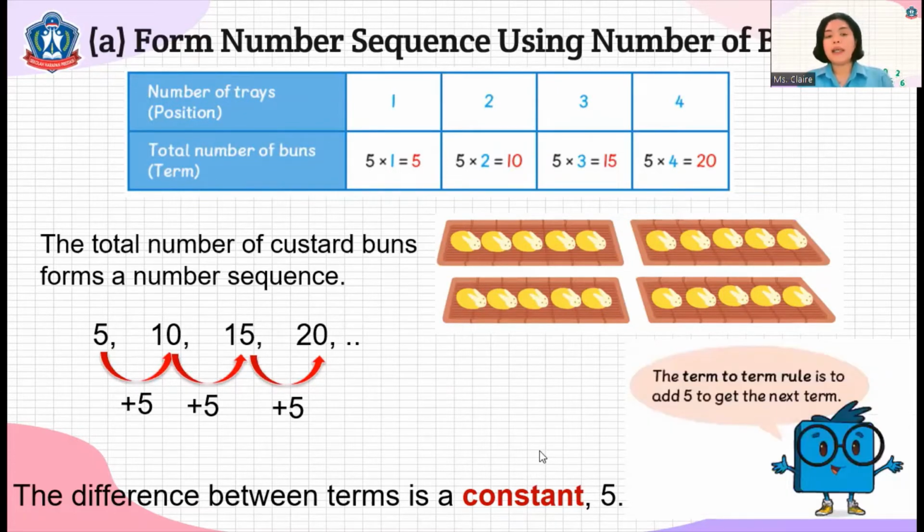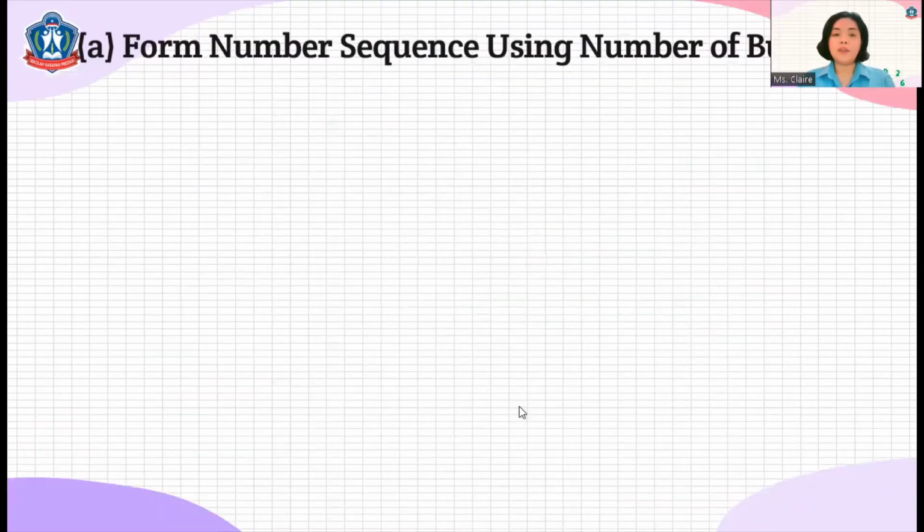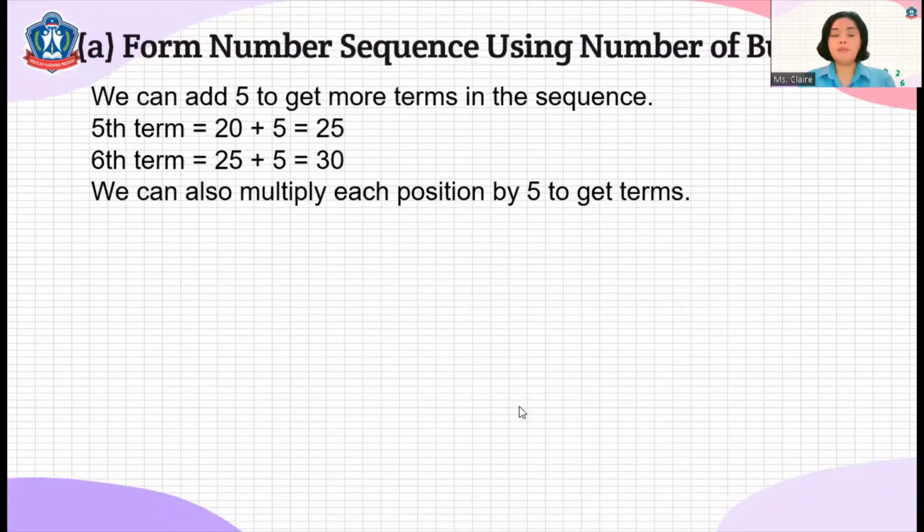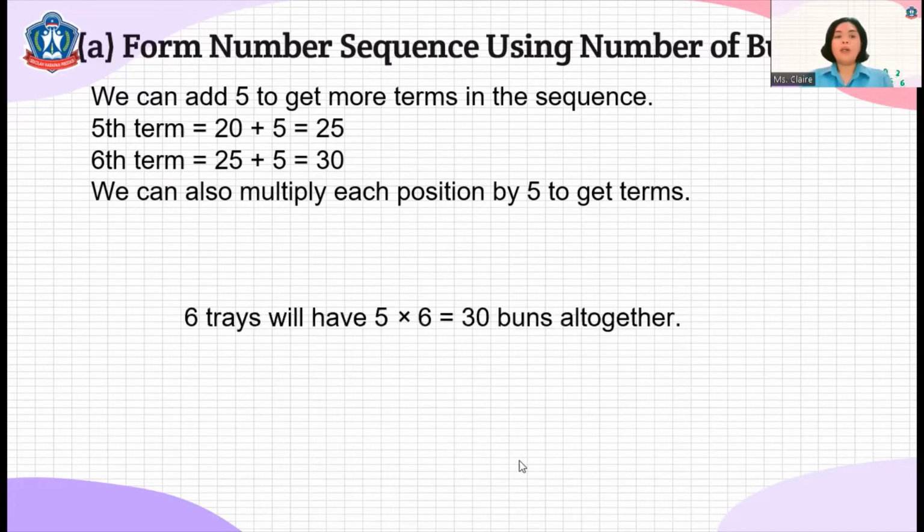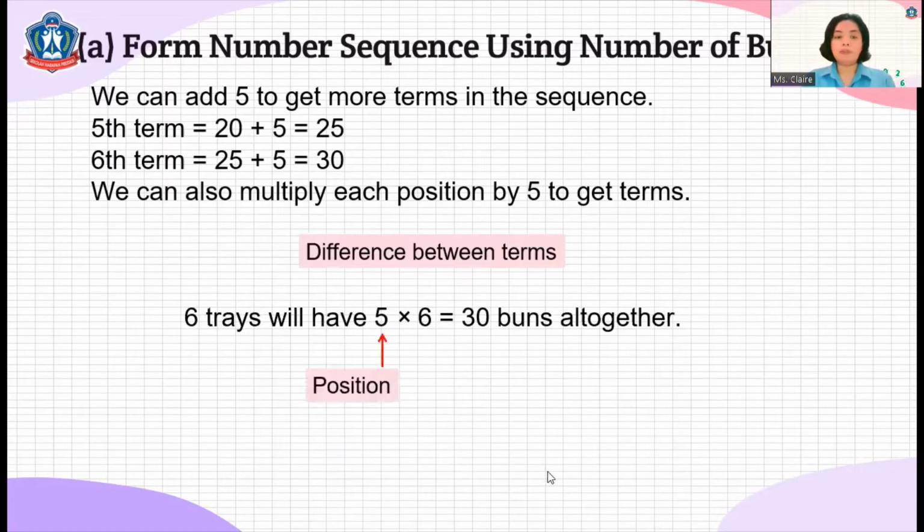To get the next term, for the fifth term or the sixth term, we will add 5 to the previous term. If you want to get the total number of bonds for the sixth term, you will add 5 to the fifth term. We can also multiply the position by 5 to get the terms. Let's say we try to get the sixth term.